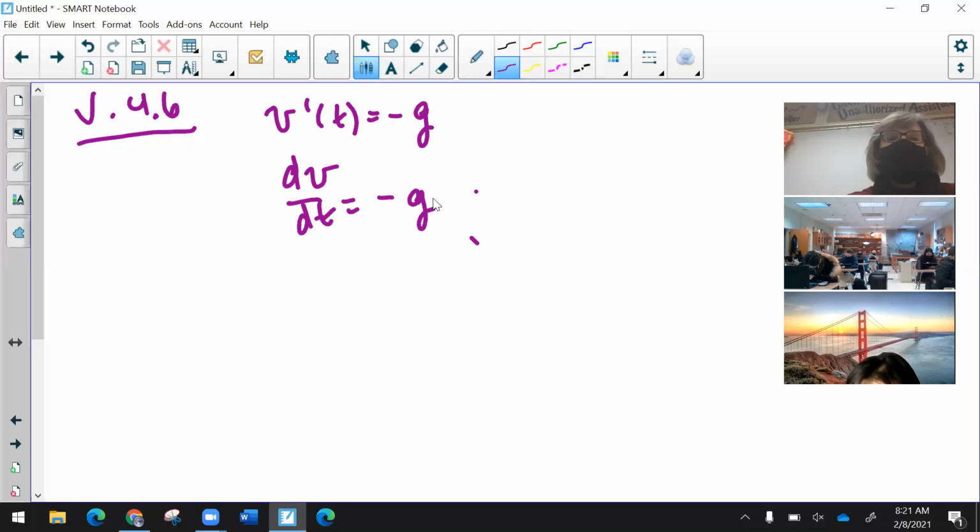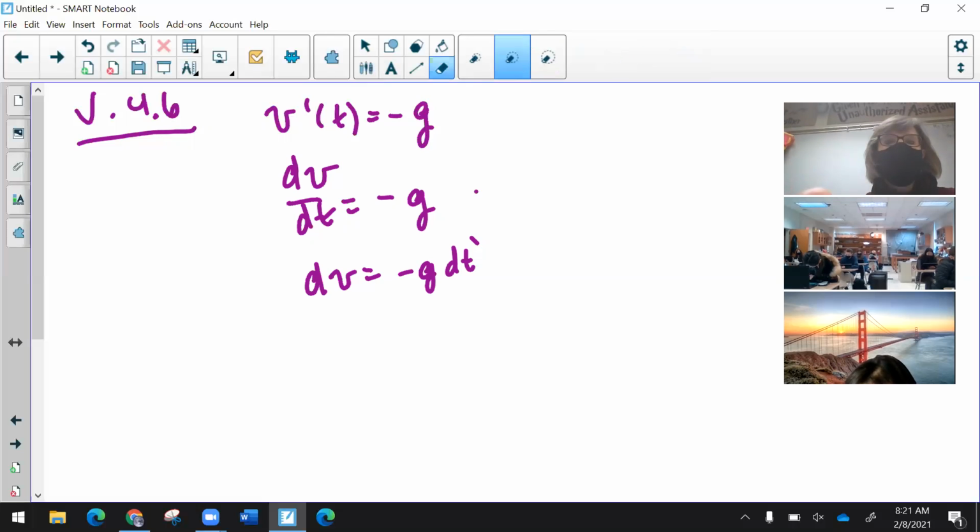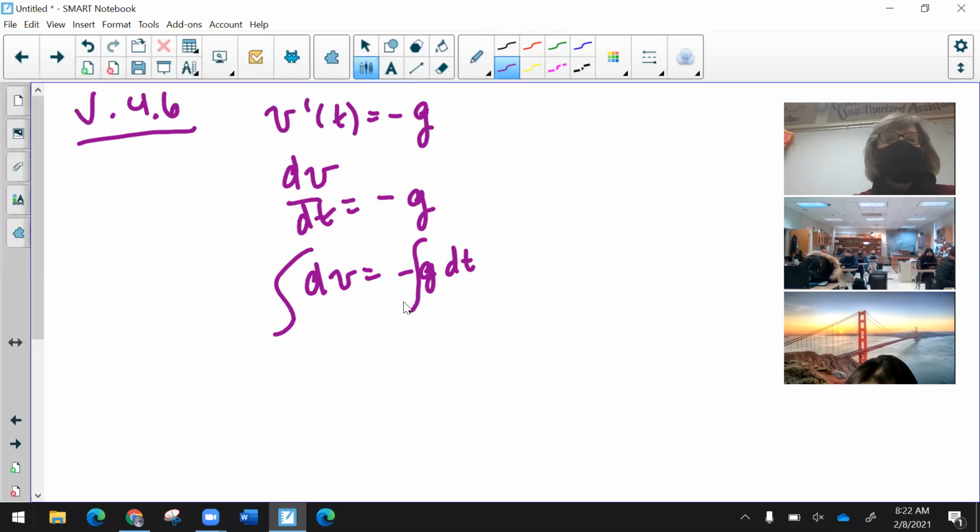And then when we're solving a differential equation, the thing we usually do is bring our differentials on opposite sides. Okay. And then I integrate. And the antiderivative of dv is going to be v.